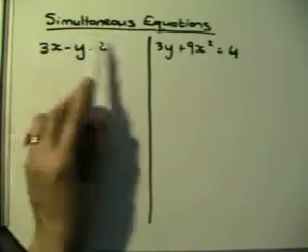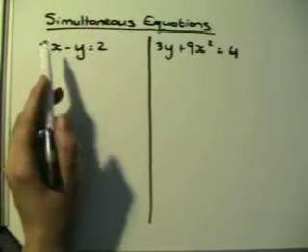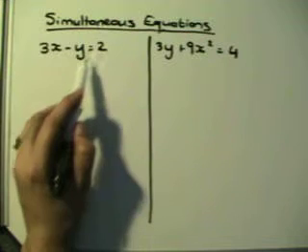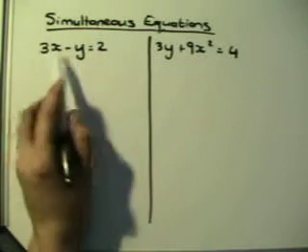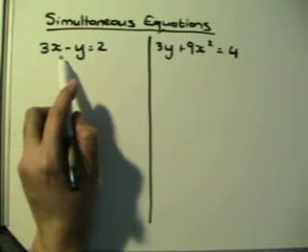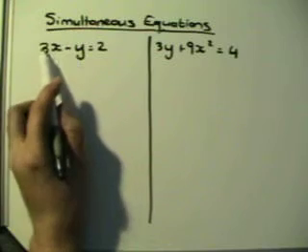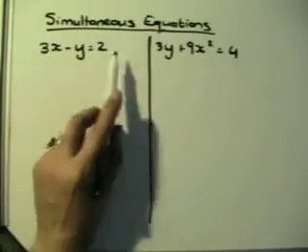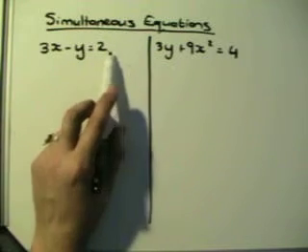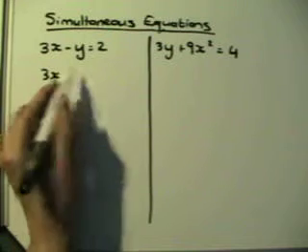Now if you look at these equations, can you see that you can either get x or y alone, but it will be easier to get y alone because I can just take over the 3x and change the signs. To get x alone, I have to take the y over and then divide by 3, but these are not divisible by 3, so I'm going to end up with fractions. Let me just quickly show you.